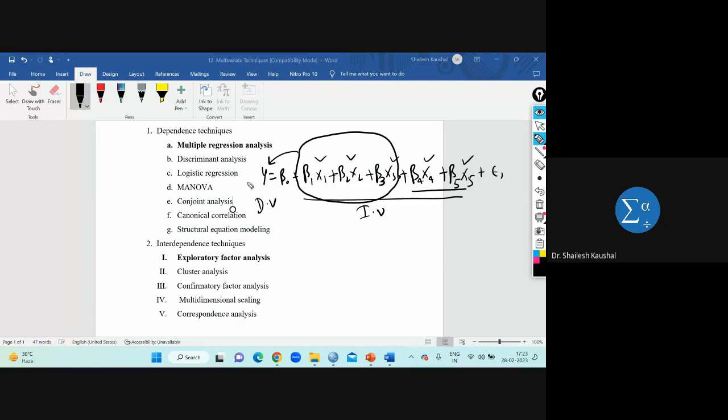Significant means, if I say in a private sector there are male and female, here I can develop the hypothesis.